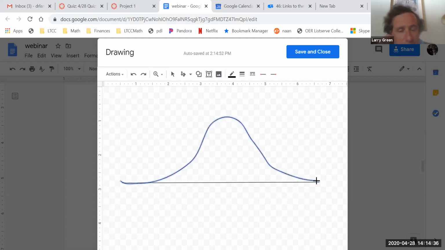That's pretty good. Okay. Let me ask you, if there's a 2.5% probability of being greater than a number, is that number large or small? Yeah, it's large, right? If only 2.5% of the people are taller than you, you're tall.